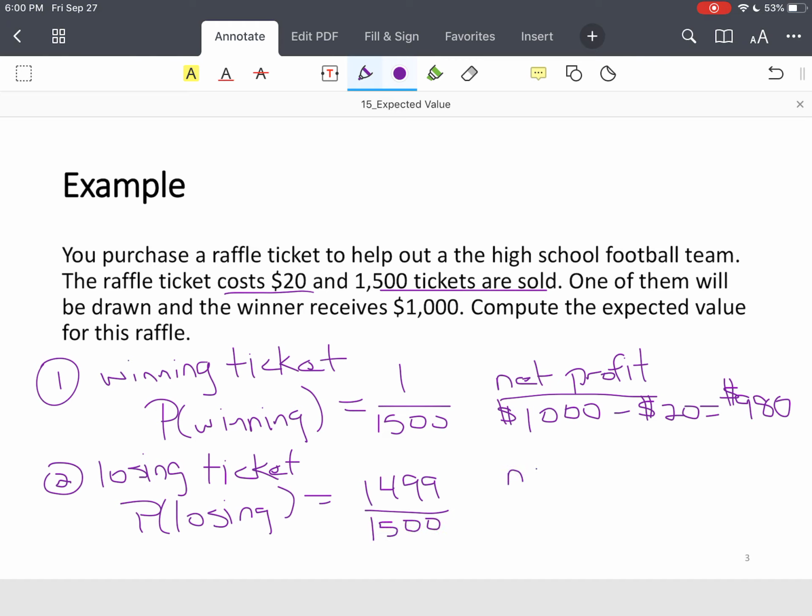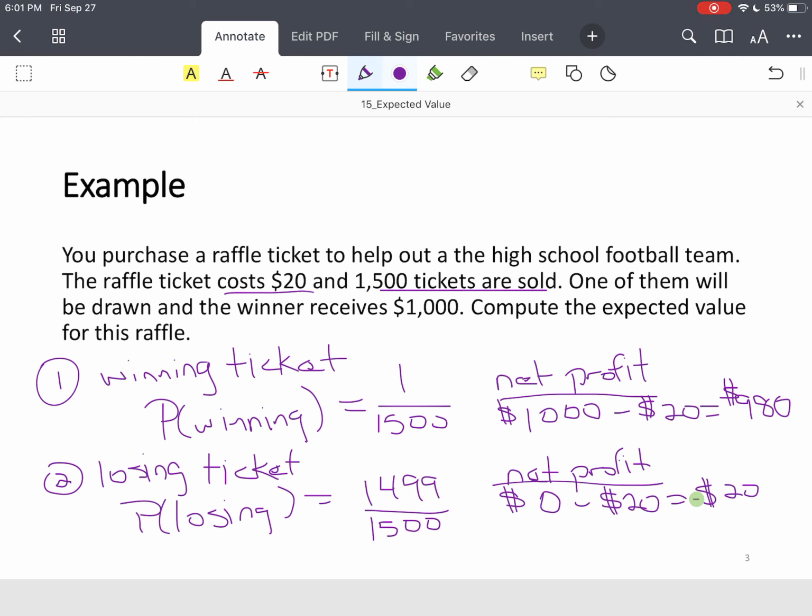And then you say, well, what's the net profit if I lose? If you lose, you don't get anything. So that's zero. But you still have to pay to buy the raffle ticket, which is $20. So the net in this case, you would just be out your $20. Now notice that negative symbol.